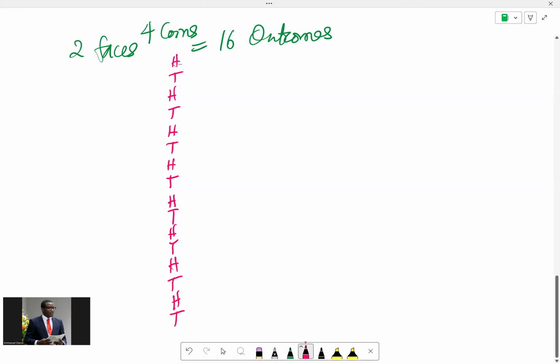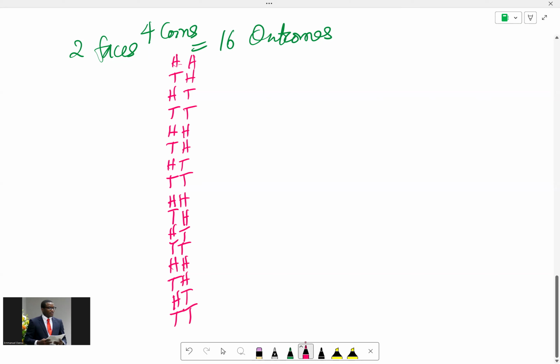So head, tail, head, tail, and so on, making 16. Next you go 2, 2, right? So you have head, head, tail, tail, head, head, tail, tail, head, head, tail, tail, head, head, tail, tail.